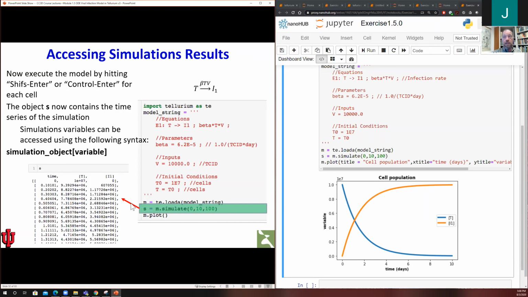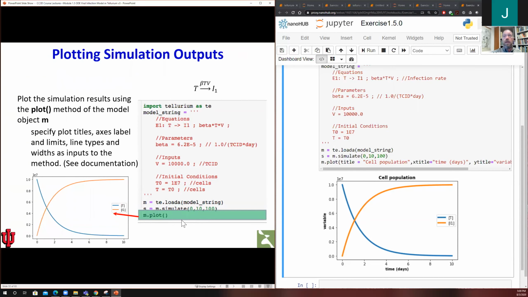But it does mean that the array itself contains a description of what it is, which is why when I do a plot, it can put time, variable, and cell population in automatically. In this case, I put them in by hand, but in fact, it'll put them in automatically because it knows what the names of the variables are. Okay? And then we're going to do a plot. And here, m.plot will plot it, and it gives me a little key with the names of the variables identified.